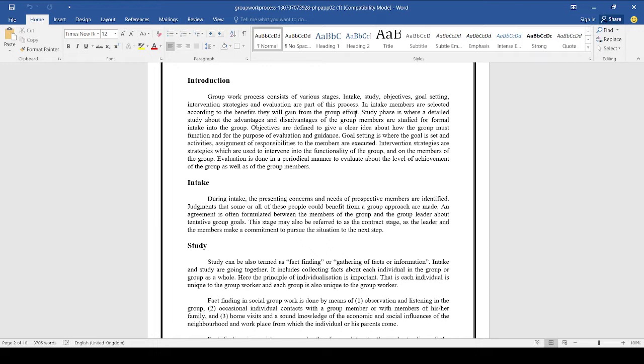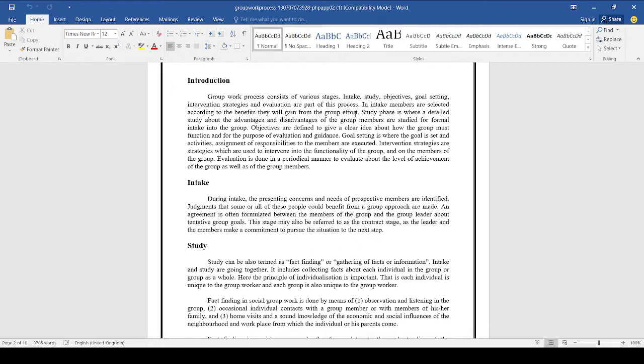There are many objectives to accomplish, and there are some goals the group will attain at last.